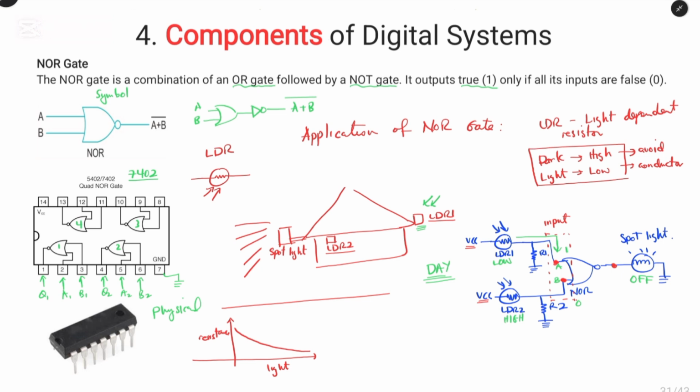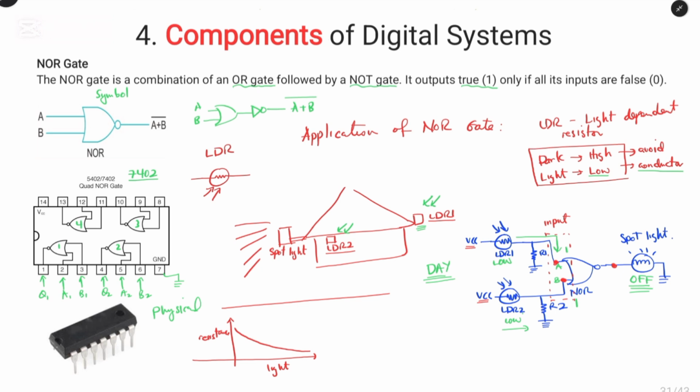And in a case where light appears on the LDR1, which will now have low resistance, it will conduct current to input A. And if there is light inside the house for LDR2, then the LDR2 will have a low resistance and it will also conduct. So both inputs to the NOR gate will be 1, and we know that the output will be inverted. When both inputs are 1, the OR gate will be 1 and inverted, it will still give us off.